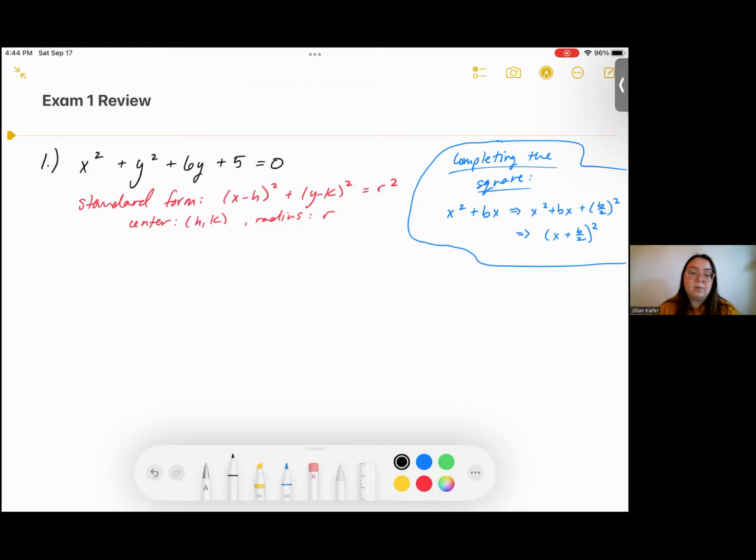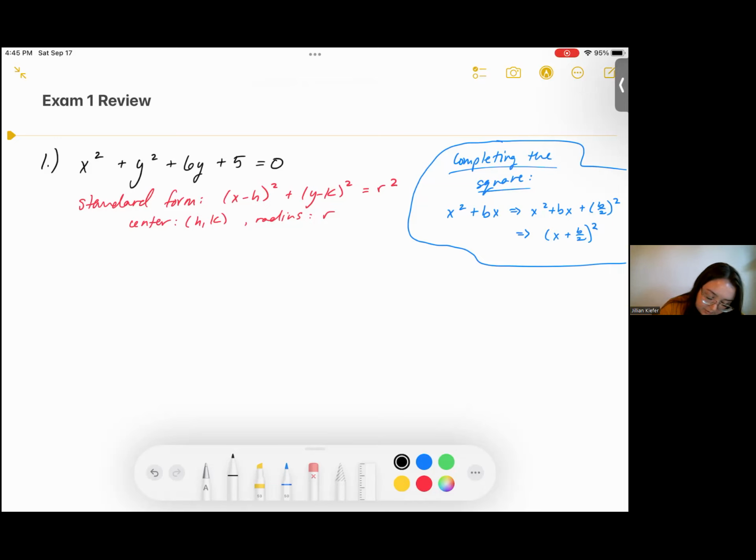So we group together the y squared and the 6y, and we subtract 5 from both sides to get rid of that 5 on the left-hand side. On our left-hand side, we don't want any constant numbers. We only want x and y terms.